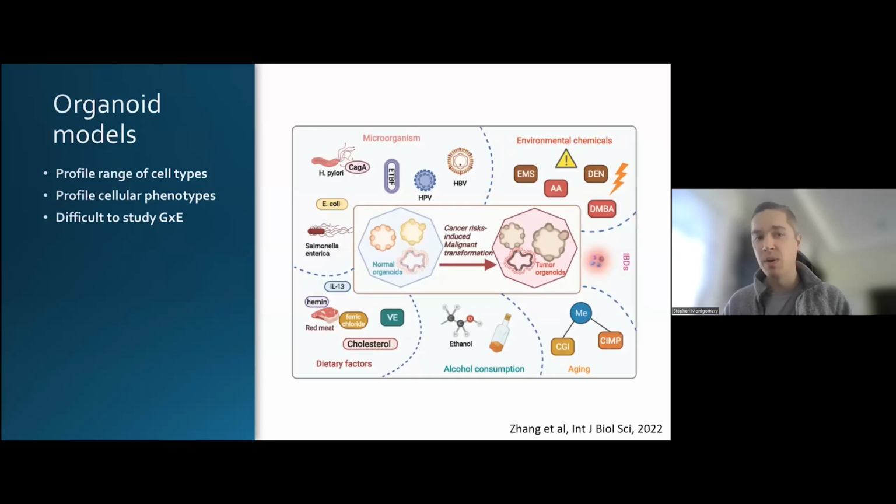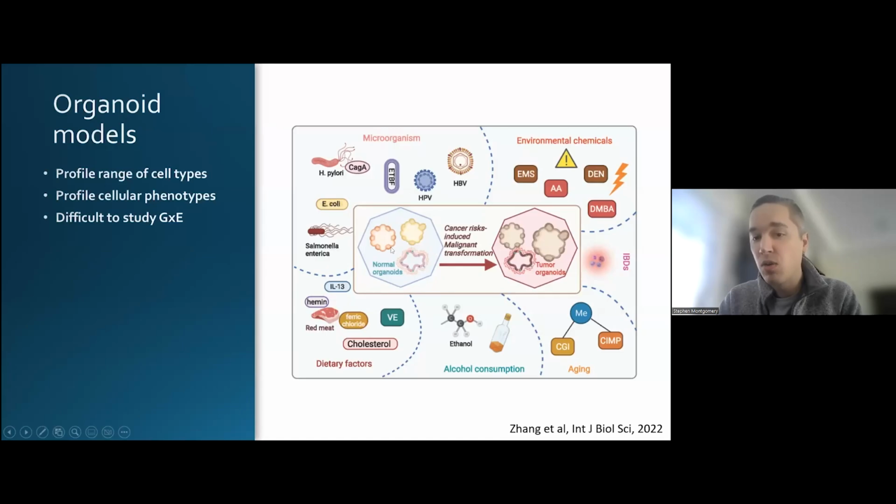And so this is where organoid models are showing a range of promise, particularly in the context of cancer. So it allows us to profile a range of cellular phenotypes, but then also a range of cell types through developmental trajectories. So this is one example from an exceptional review that I encourage people to take a look at, which actually describes the range of different organoid model systems that have been developed with respect to cancer.